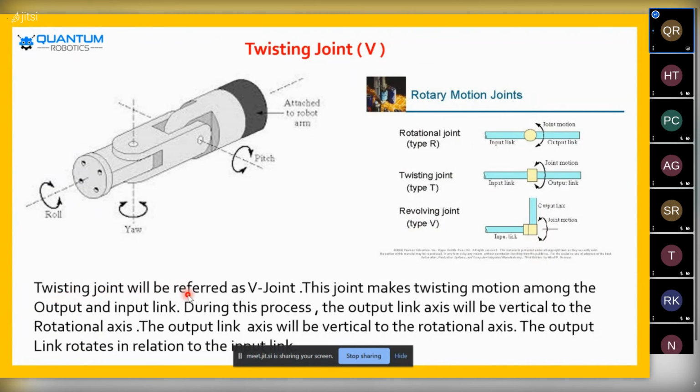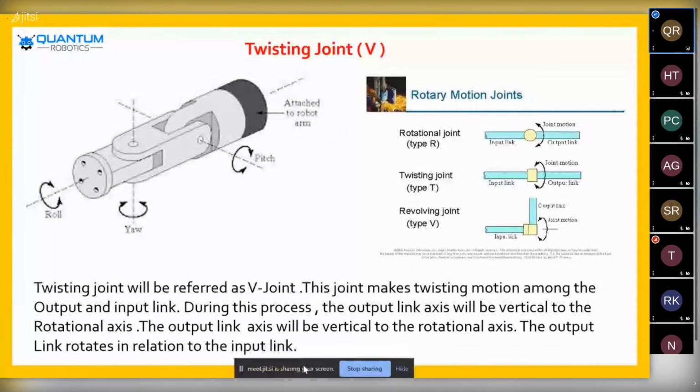The twisting joint will be referred to as V. This joint makes the twisting motion between the output and input link. During this process, the output link axis will be perpendicular to the rotational axis.